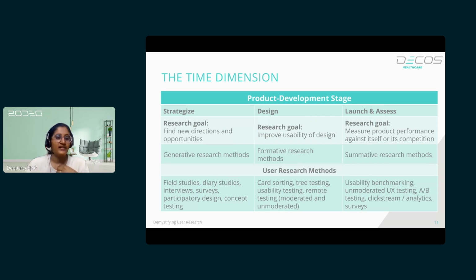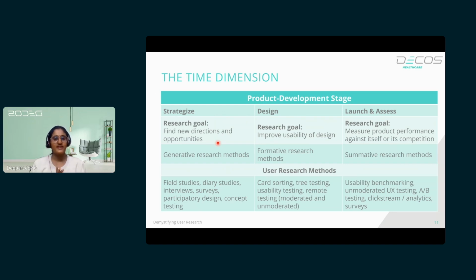Here in this table you can see a breakdown of how different methods fit into each phase. In the early phase, strategize, where we are setting the direction, in this initial phase of product development, our very goal is to explore potential directions and generate new, innovative ideas.